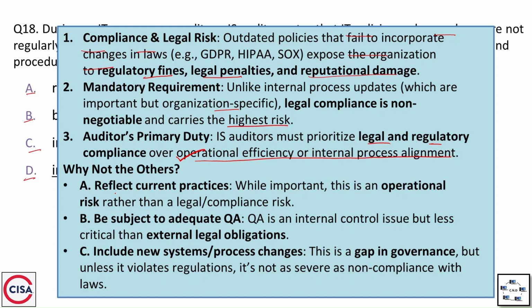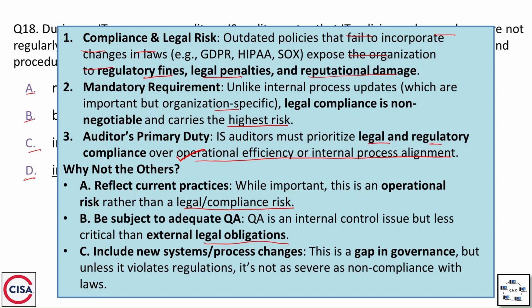Why not others? Option A, reflect current practices. While important, this is an operational risk rather than a legal or compliance risk. Option B, be subject to adequate QA. QA is an internal control issue but less critical than external legal obligation.